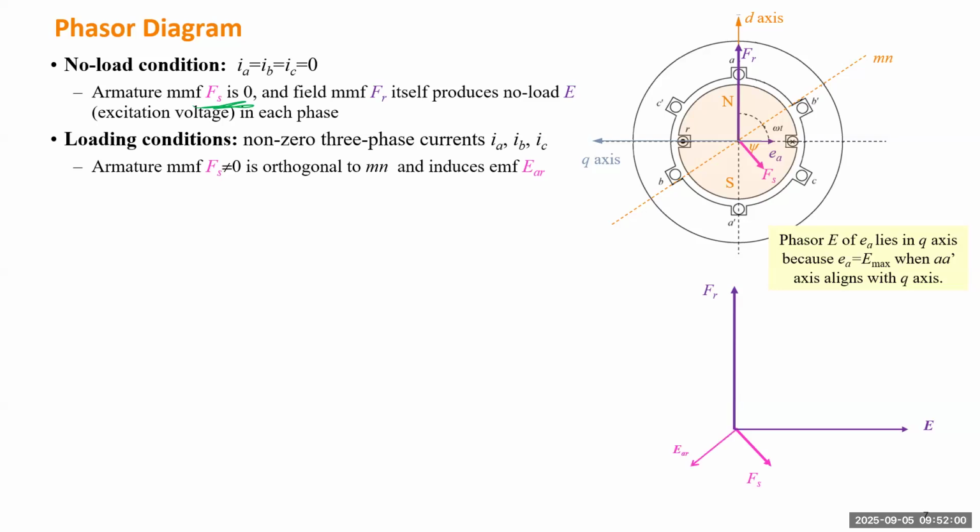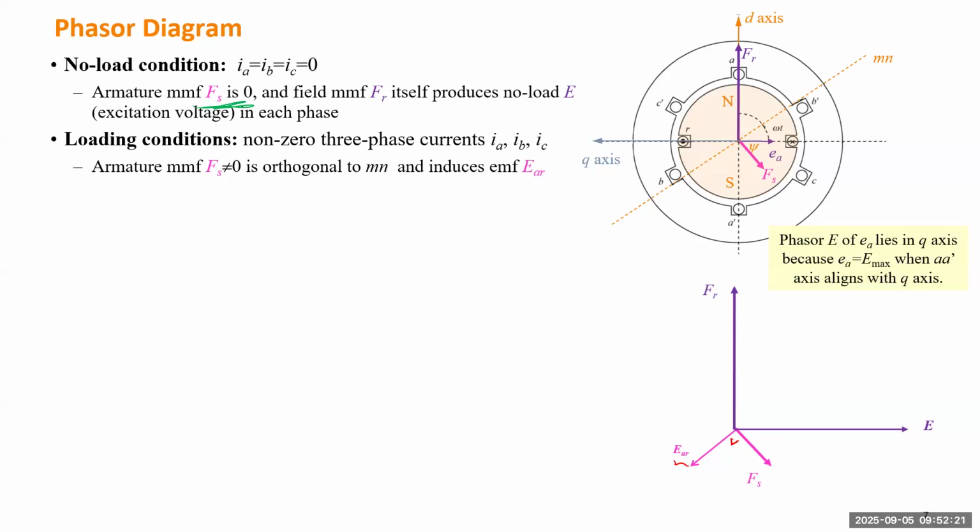If there's a voltage induced by FS only, that is 90 degrees lagging FS. This is called E armature, meaning it is induced only by the armature winding, not the field winding. So this voltage is induced by the rotor only, and this voltage is induced by the stator only.